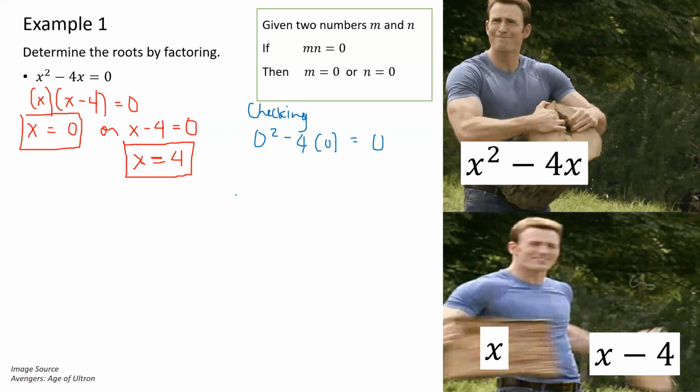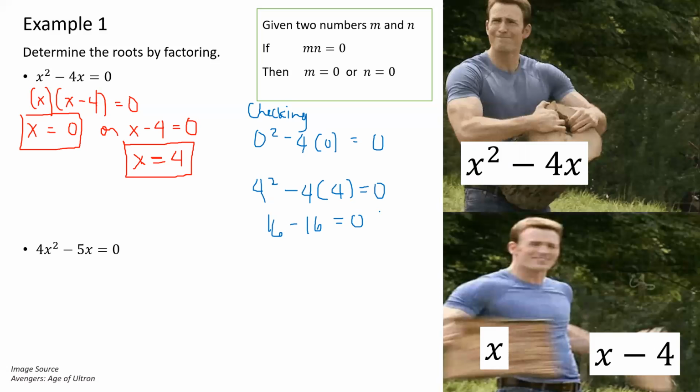Another one, when we substitute 4, we will get 4 squared, which is 16, minus 4 times 4, which is 16 minus 16, equal to 0. So we determined the roots of this equation.